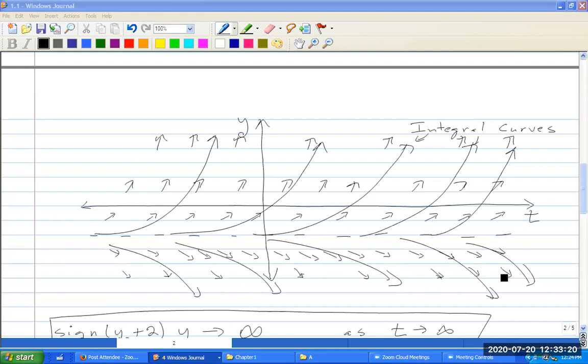So now let's draw some integral curves. I'll start somewhere, and I will then proceed along the direction as determined by this direction field. There could have also been things said about vector fields and other things.